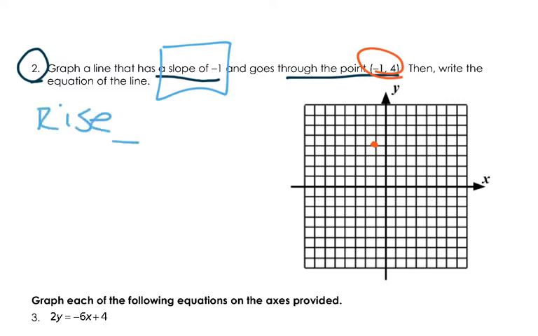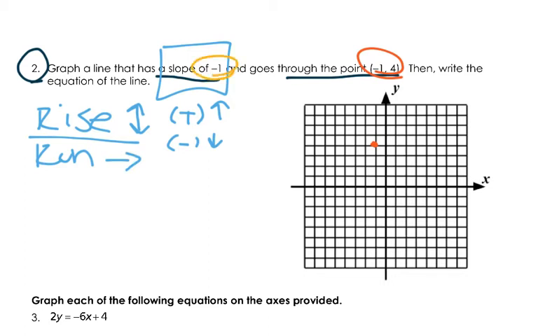My slope is telling me how I'm going to move. Remember, to move, it's rise over run. When you rise, you're either going up or you're going down. If the slope is positive, then you're going up. If the slope is negative, it's going down. And you always run to the right.